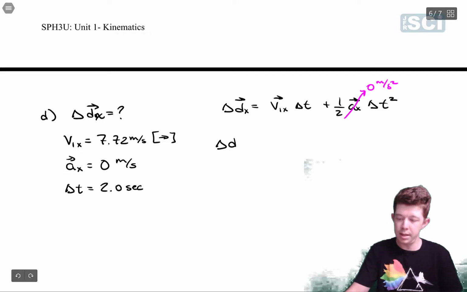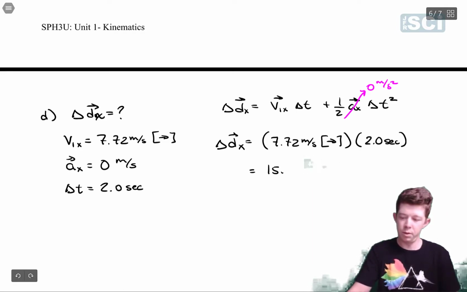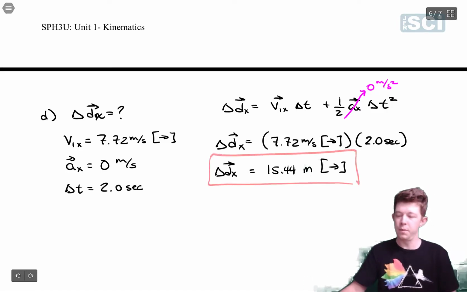So displacement in the x direction is 7.72 meters a second horizontally, multiplied by 2.0 seconds, and working that through, you get 15.44 meters, because I multiplied by seconds, horizontally. So my displacement in the x direction is this expression right there.